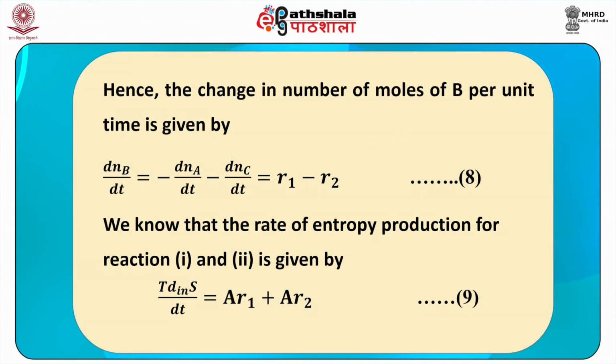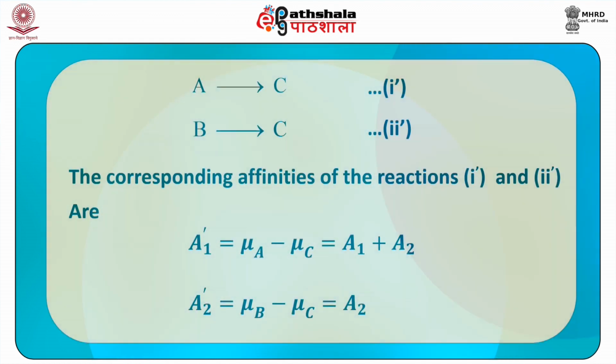Hence, the change in number of moles of B per unit time is given by R1 minus R2. We know that the rate of entropy production for reaction 1 and 2 equals A1 into R1 plus A2 into R2.